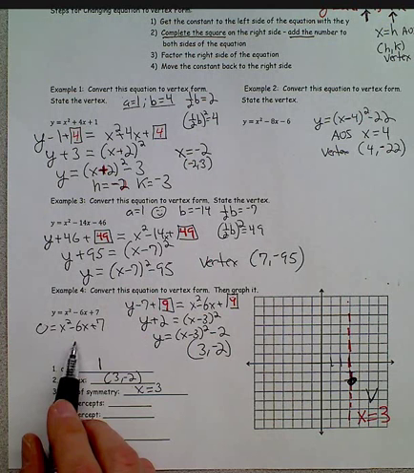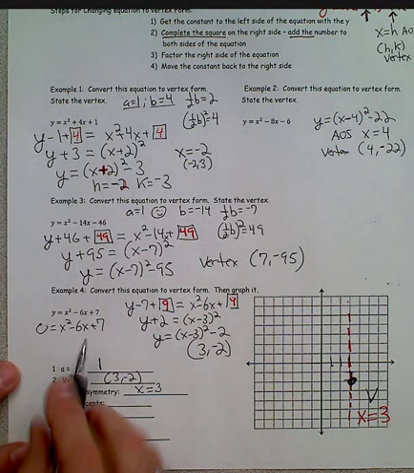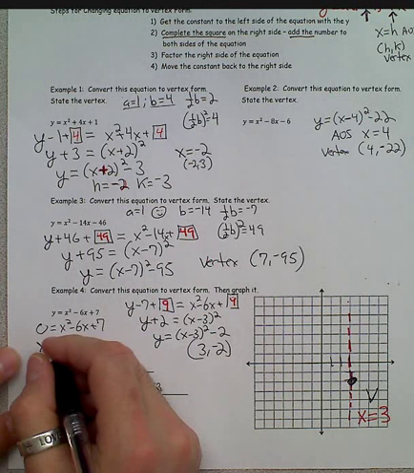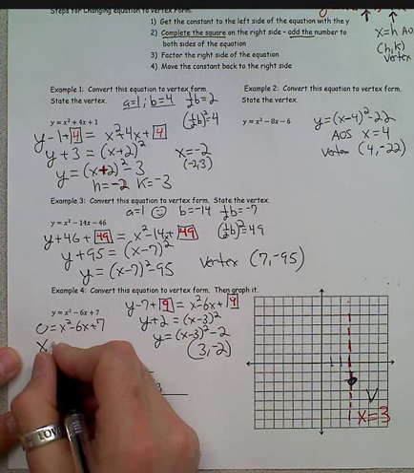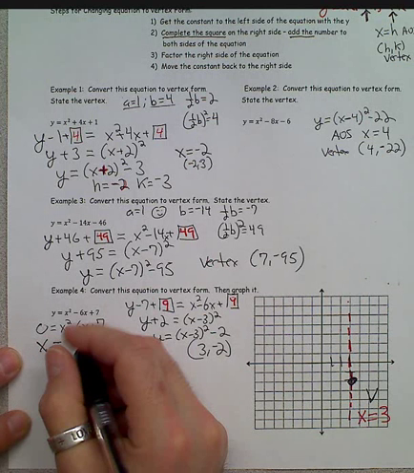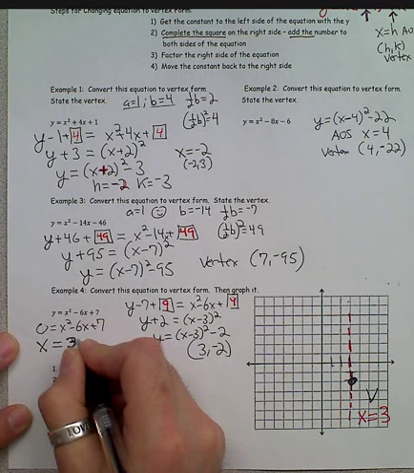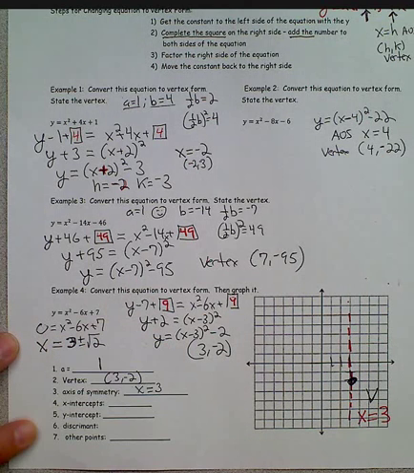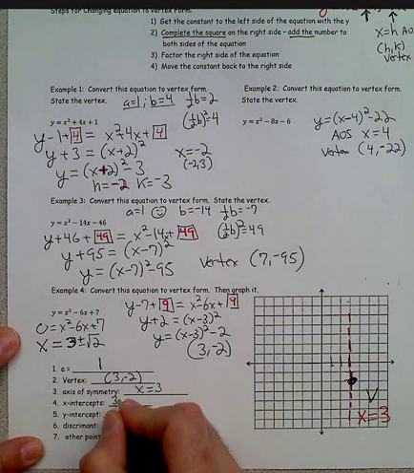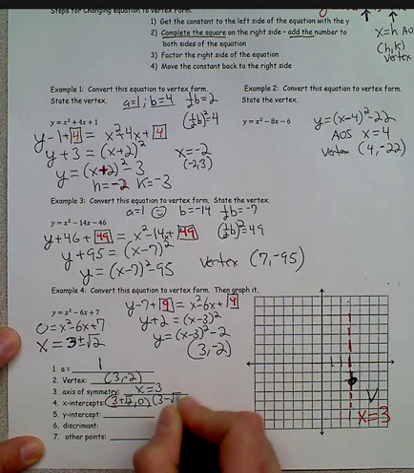So I'd have to use the quadratic formula. Using the quadratic formula, I end up with the solution that x will equal 3 plus or minus the square root of 2. So it'd be 3 plus the square root of 2, 0, and 3 minus the square root of 2, 0.